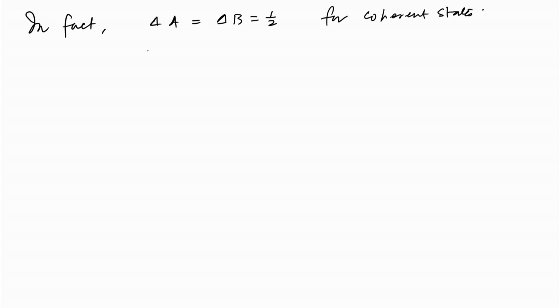So, in fact, one can actually calculate that delta A equal to delta B equal to half for coherent states, whereas delta A equal to delta B equal to half square root of 2n plus 1 for the Fock. So, this is for the Fock states.